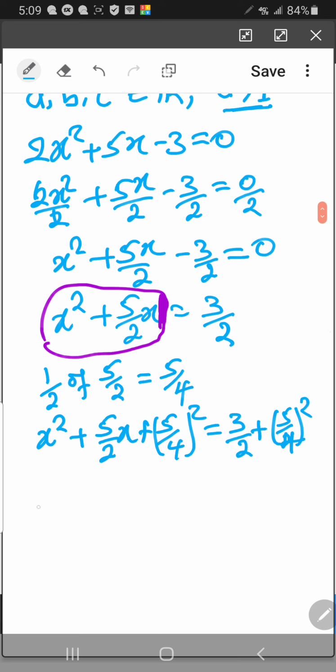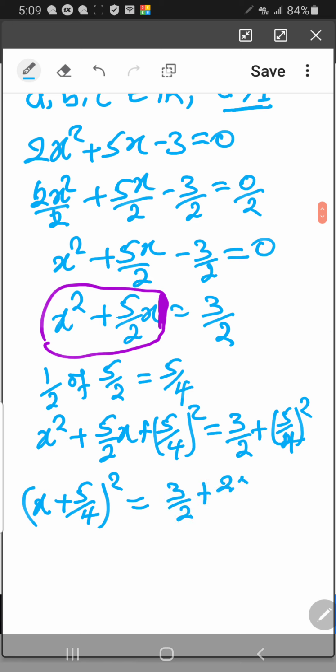We now have x plus 5 over 4 all squared should give us 3 over 2 plus 5 squared is 25 over 4 squared is 16.